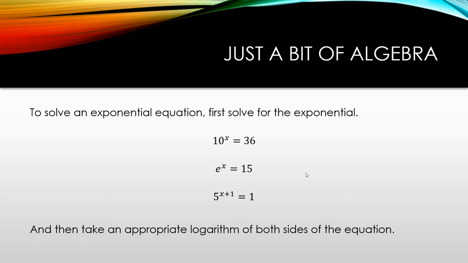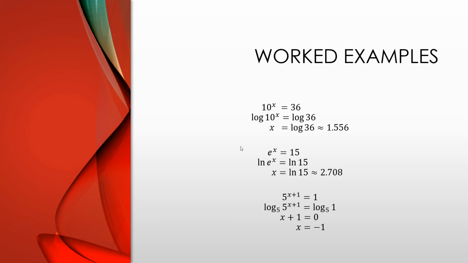And in fact, that's how it's going to be when it comes to solving exponential equations. First, you solve for just the exponential part, and then you'll take the appropriate logarithm. So you'll see here, I've got 10 to the power of x equaling 36. I'm going to solve that for my x value by taking the logarithm of both sides, specifically the logarithm base 10.